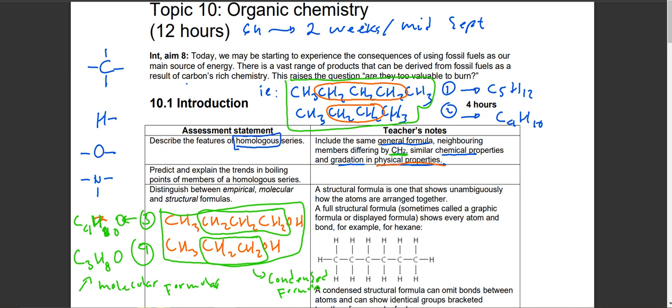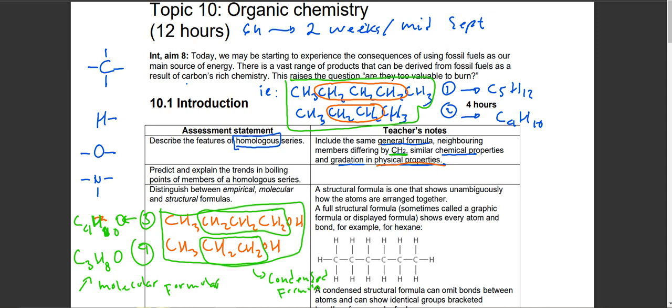For example, compounds 3 and 4, both of them are actually alcohols. Later we'll talk about the functional group, which is the very specific part of the compound that determines most of the chemical properties of the molecules.